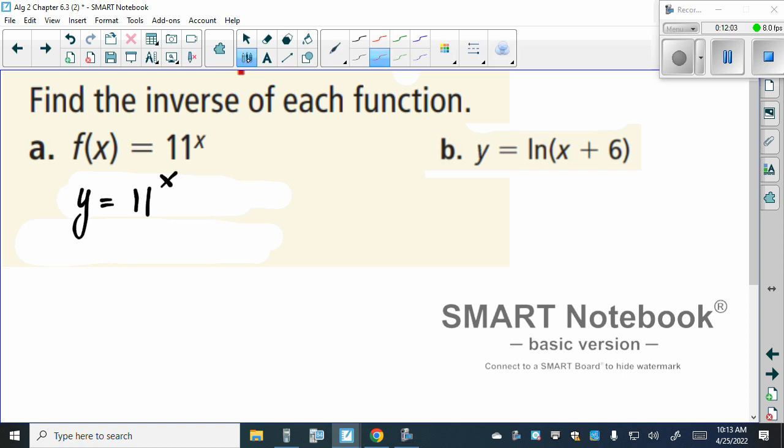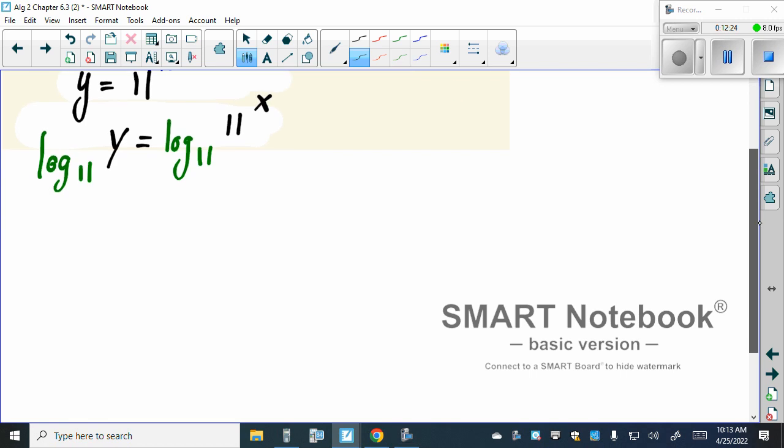Well, we would get log base 11 of y is equal to log base 11 of 11 to the x, yes? Now, the log base 11 of y, there's no way that can simplify, yes? Because that's just saying log base 11 of y equals, what is log base 11 of 11 to the x? X, yes?